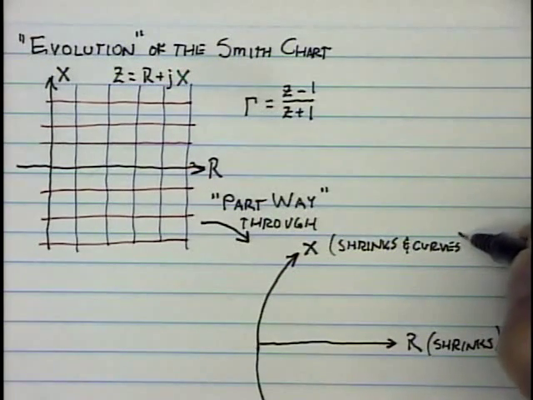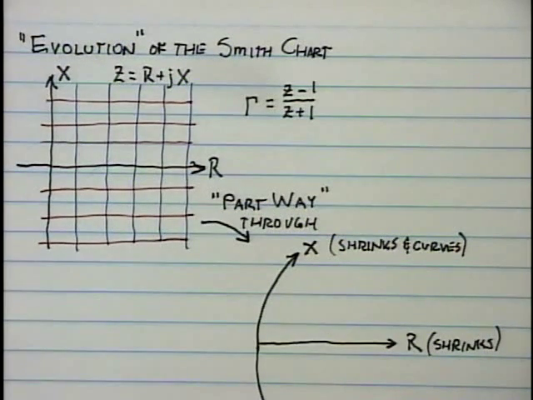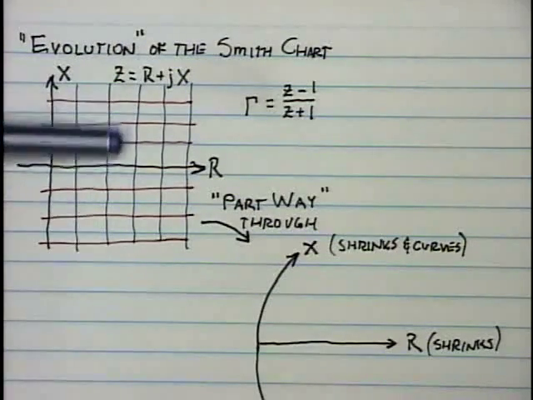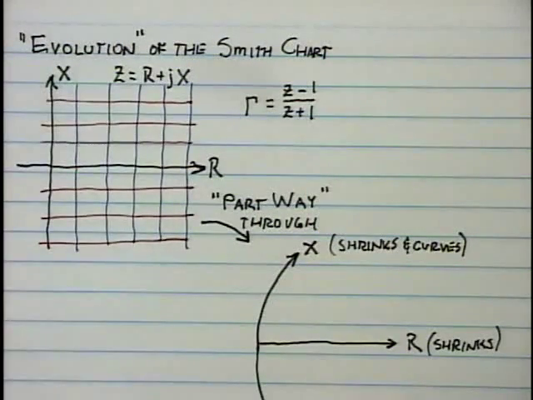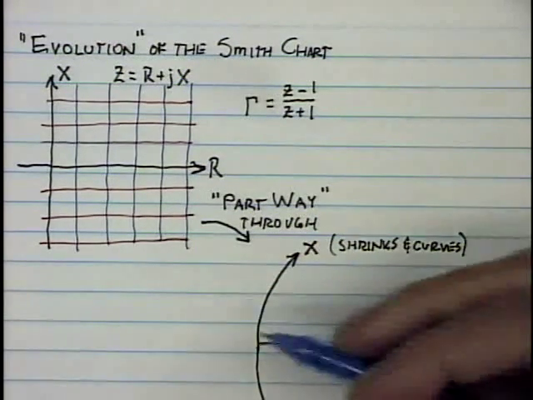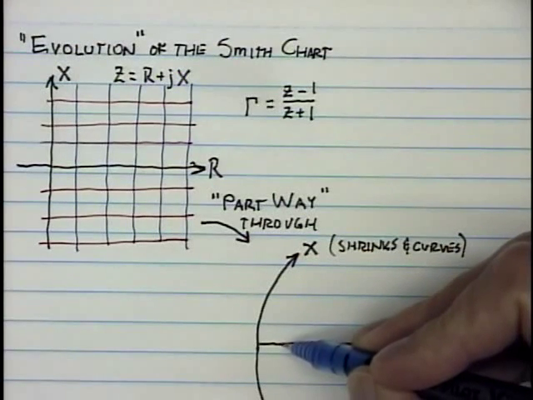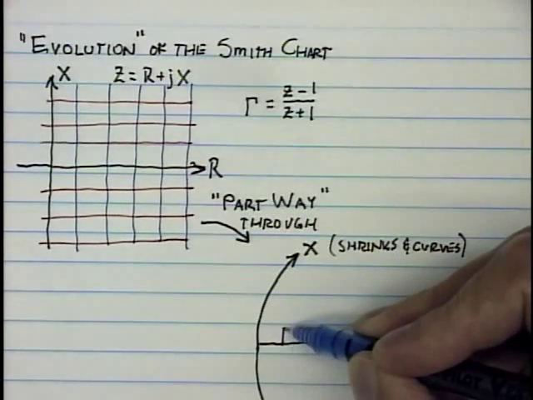And what happens to the grid, to the lines on the graph paper, as this transformation is performed? Well, here's what happens to those nice lines of constant resistance.